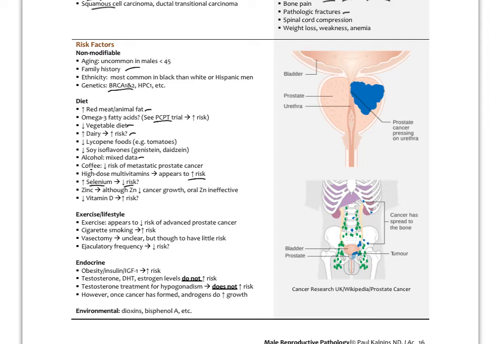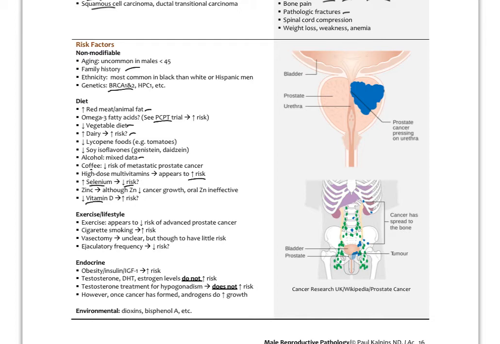Usually oral zinc seems to be ineffective at preventing cancer growth or spread, but we do think that zinc decreases the growth of cancer, and that's from getting dietary zinc or normal levels in the diet. And then potentially low vitamin D might increase the risk of prostate cancer. So very nebulous here on dietary recommendations, but again, generally emphasizing a whole foods, nutrient-rich, anti-inflammatory diet is helpful.